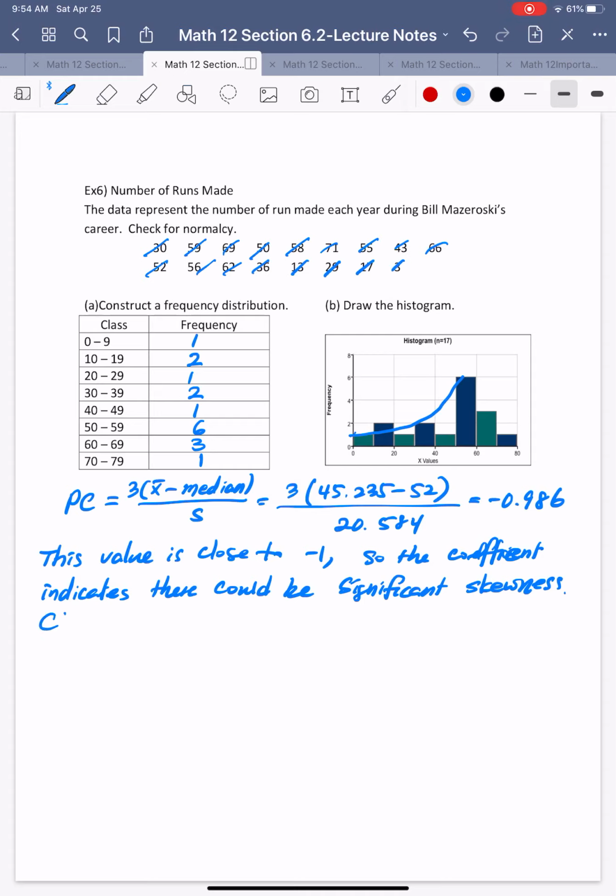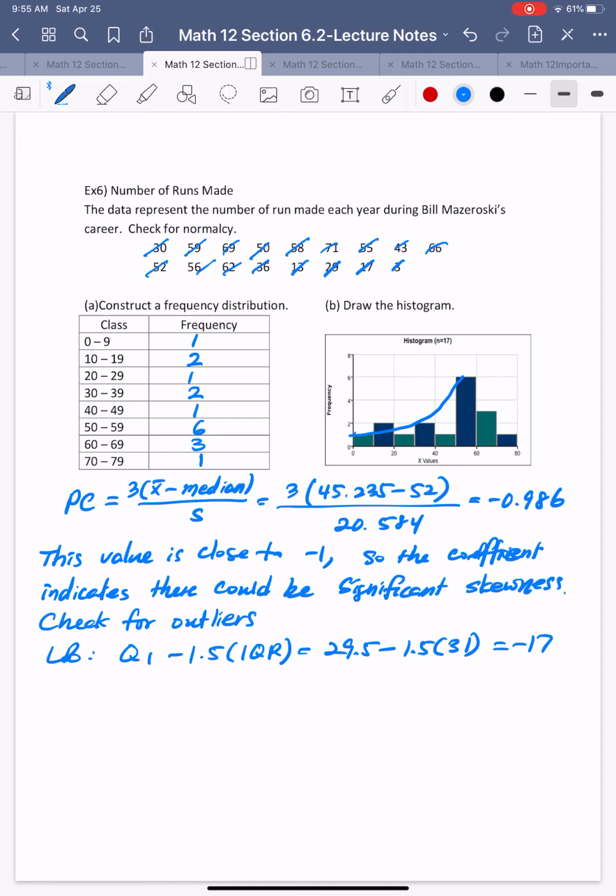Check for outliers. The lower bound is Q1 minus 1.5 times the interquartile range, which is 29.5 minus 1.5 times 31, which is negative 17. The upper bound is Q3 plus 1.5 times IQR, which is 60.5 plus 1.5 times 31, which is 107.